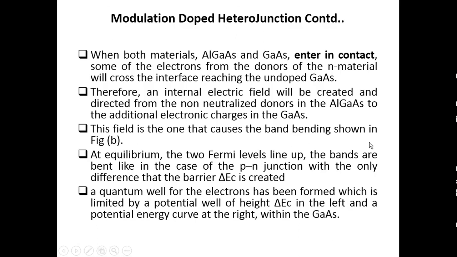When both materials, aluminum gallium arsenide and gallium arsenide, enter in contact, some of the electrons from the donors of the N material will cross the interface, reaching the undoped gallium arsenide.